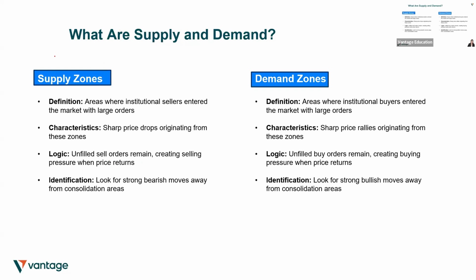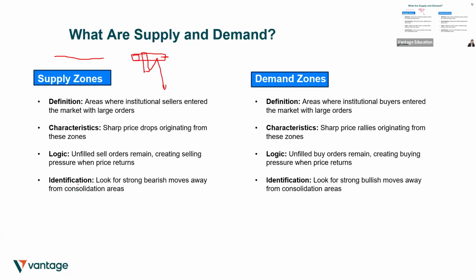For the supply zone, price comes from your resistance level, closing with a bearish engulfing candle. Okay, and you identify this as your supply zone, and then they will say this is your bearish order block. The logic is that they will wait for price to pull back to the box and then you sell.